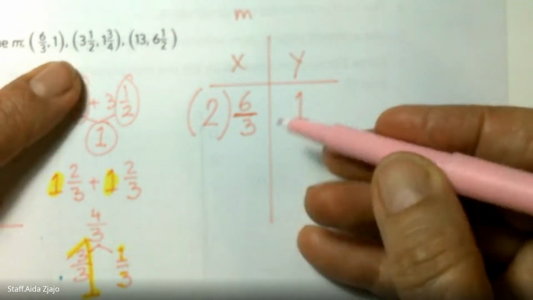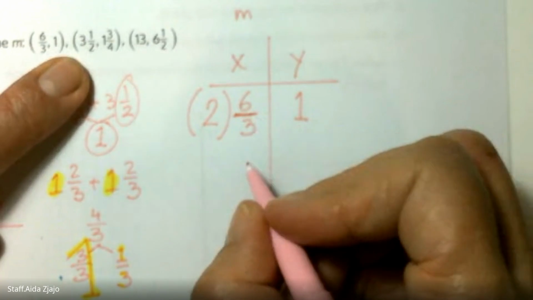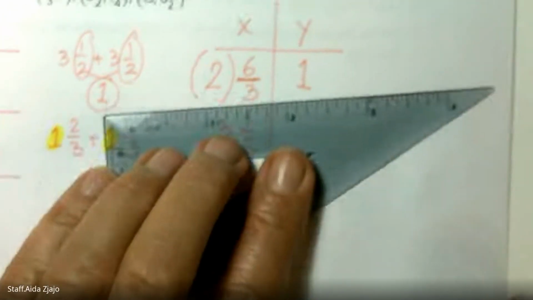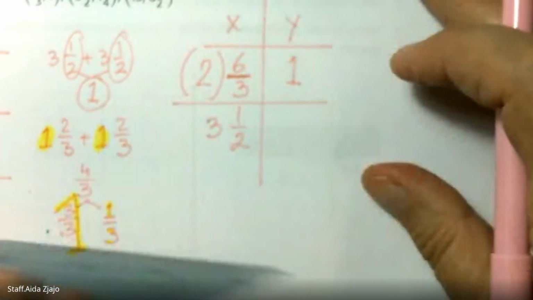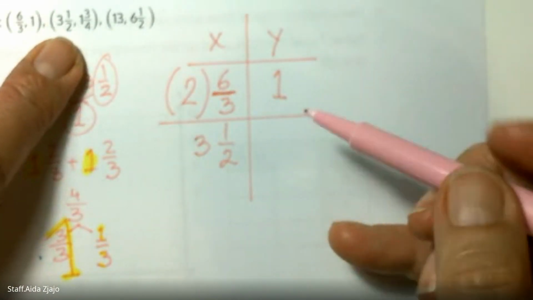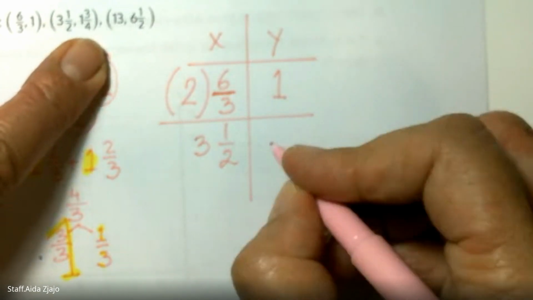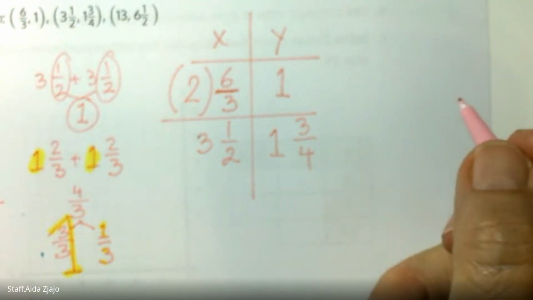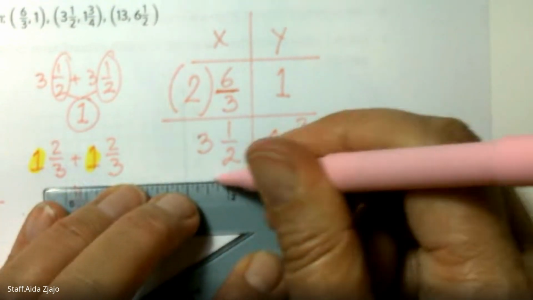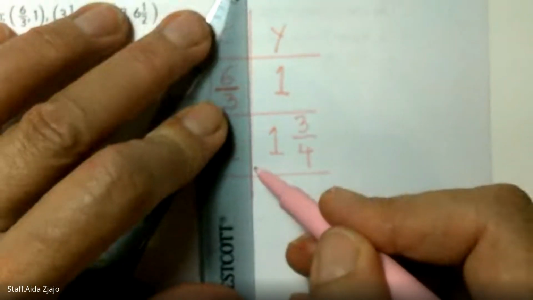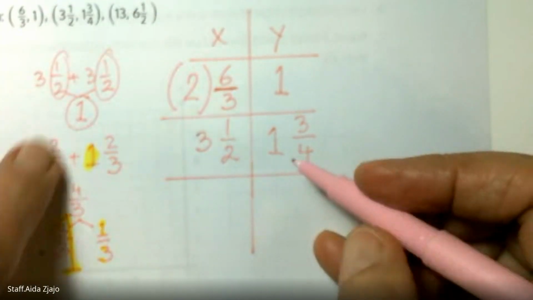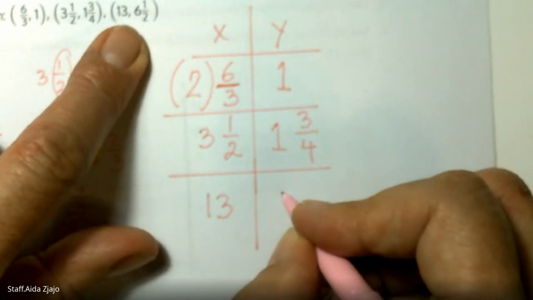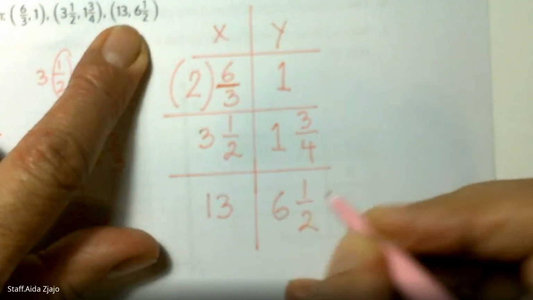So next, I have 3 1/2 and 1 3/4. And then I have 13 and 6 1/2.